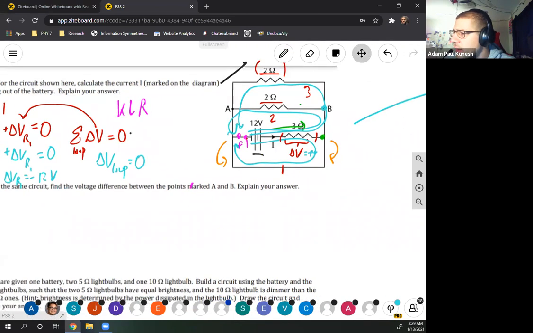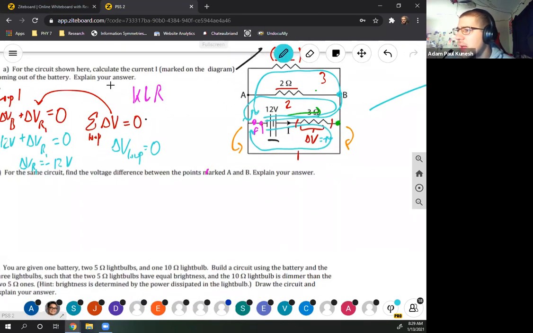Now, conveniently, if I'm trying to answer the question of how much current is exiting the battery, this loop gives me all the information I need, because all of the current exiting the battery is going into this resistor 1 here at the bottom, for which I've just calculated a 12 volt voltage change.